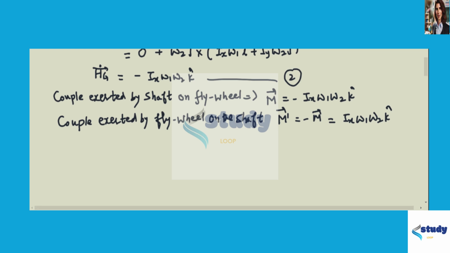Now we have to calculate the mass of the flywheel, volume into density. So rho pi d square by 4 into thickness. Density is given 7860, pi is 3.14, diameter is given 400 millimeter, that is 0.4 meter, thickness is given 15 millimeter, that is 0.015.